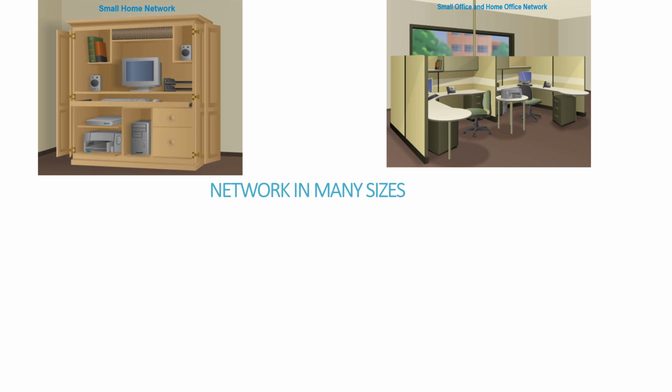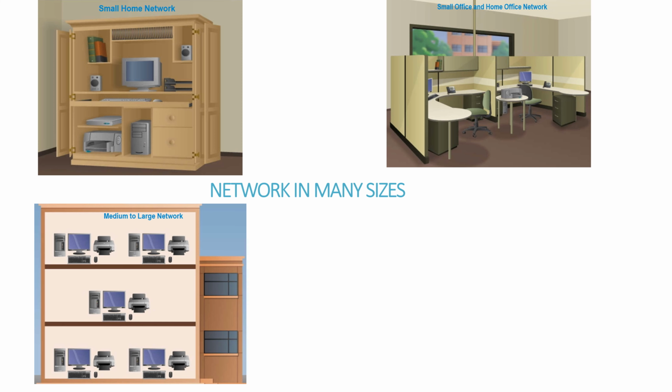This type of network is mostly used by self-employed workers to advertise their products or supplies or even communicate with their customers. Another, larger type of network is the medium to large network. This kind of network is mostly used in businesses and large organizations to provide consolidation, storage, and access to information on network servers.